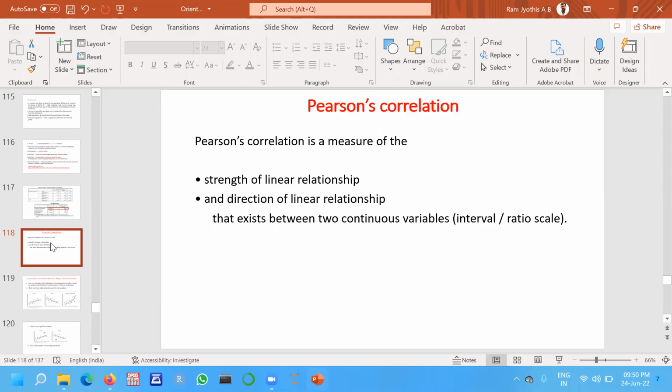So that is the difference between correlation and the chi-square test. In chi-square we only get whether there is any association, but in correlation, the direction and the strength of the association can be analyzed.